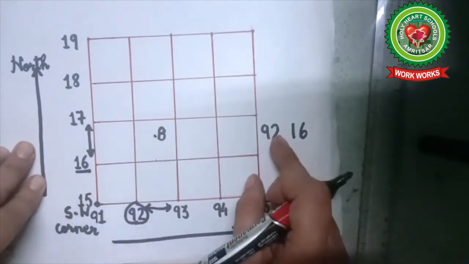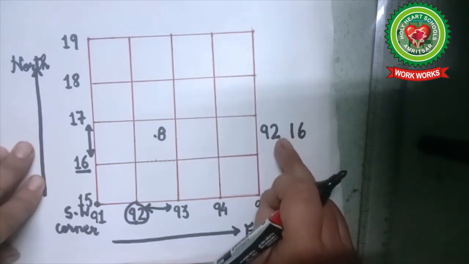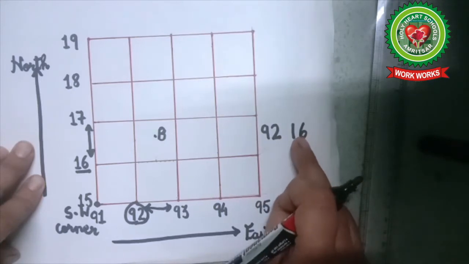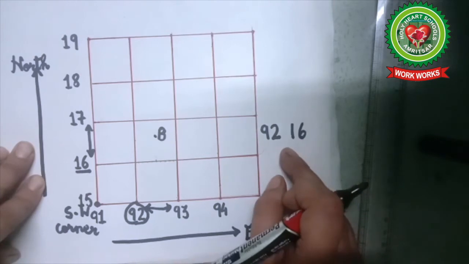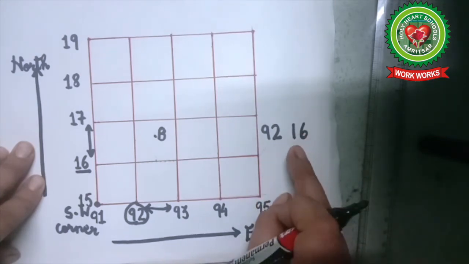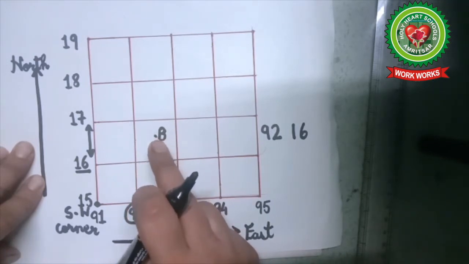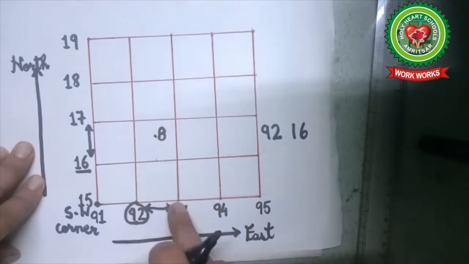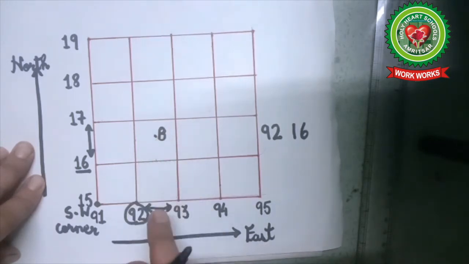Now children, you would be wondering why I have left this dash after the eastings 92 and after the northings 16. Obviously, to locate the pinpoint reference, that is the exact location of place B on the topographical map. For this, we will first divide the eastings along which the place B lies on the topographical map.